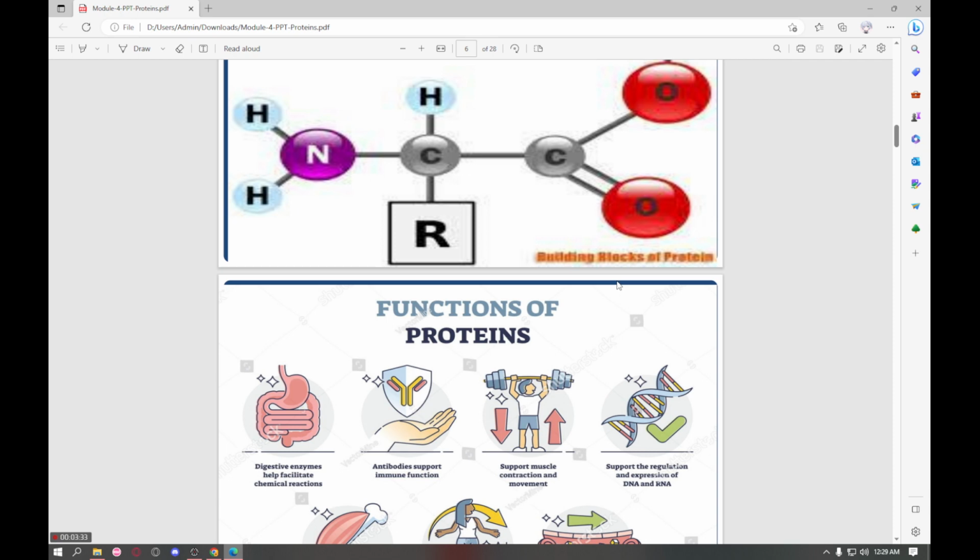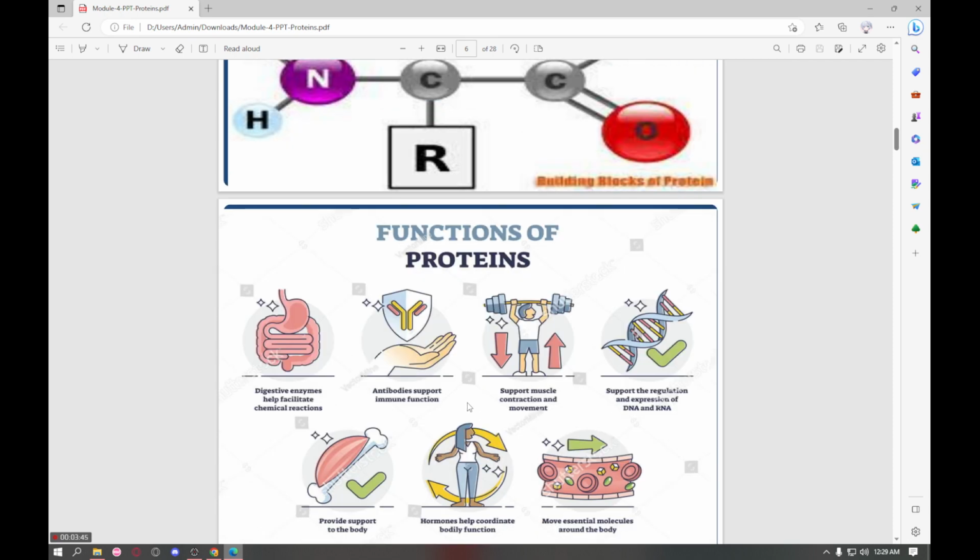What are the functions of your protein? One of the functions of your protein is producing enzymes, or the digestive enzymes.